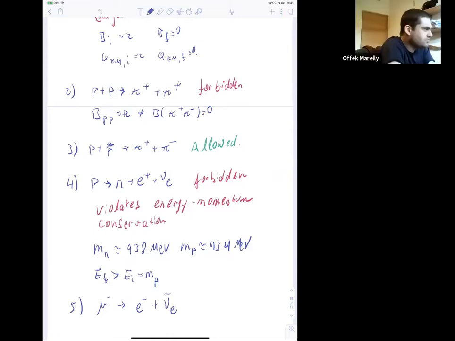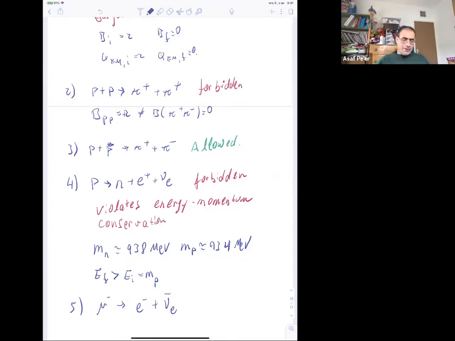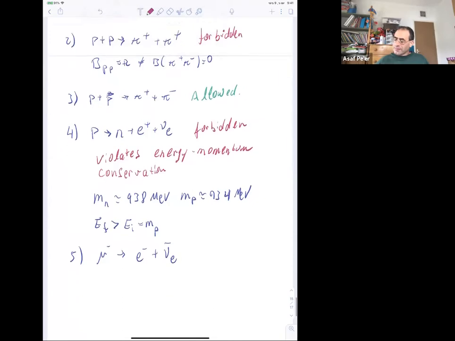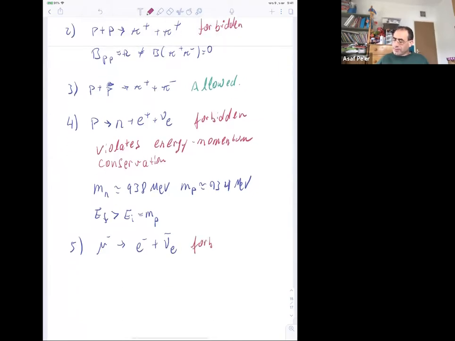Why? Generation number? Very good. Lepton number and lepton family number. It violates both lepton number and lepton family number.